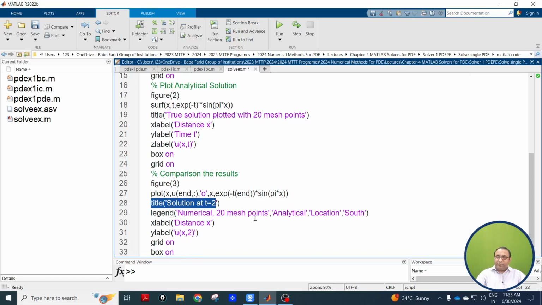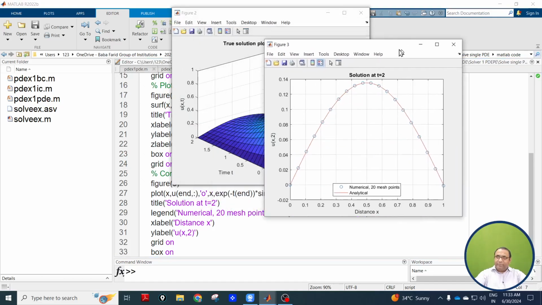So everything we require for the visualization of the results, we have put in one specific sequence, and when we execute this script file, it will plot 3 different graphs. MATLAB is busy, it will take a few seconds to plot the graphs, and here we have 3 graphs.